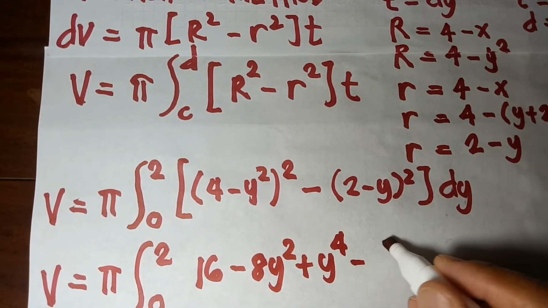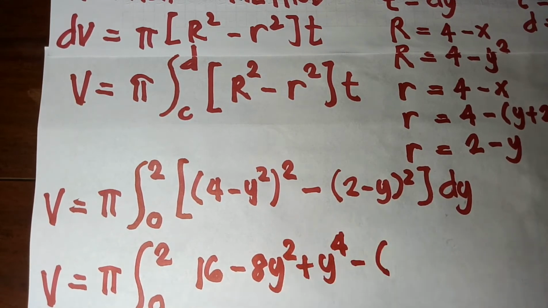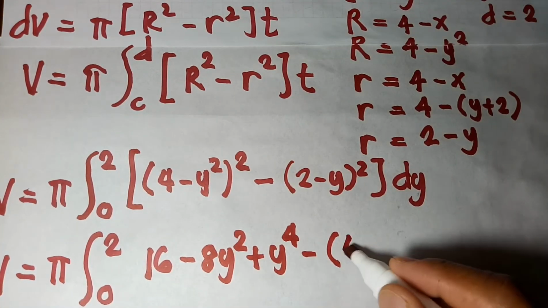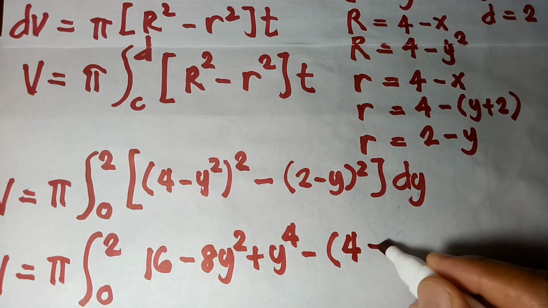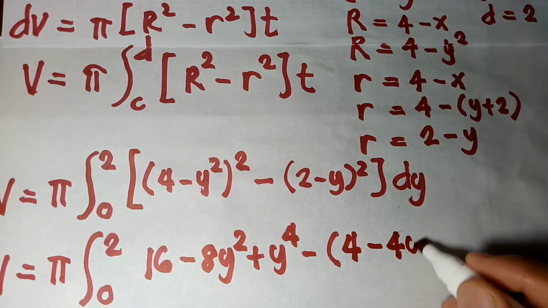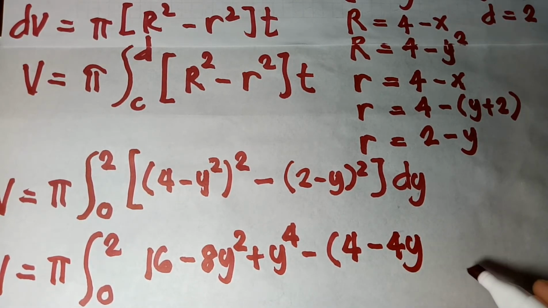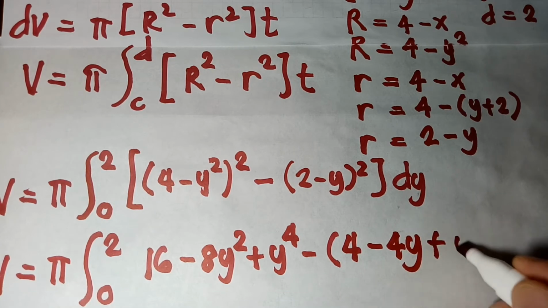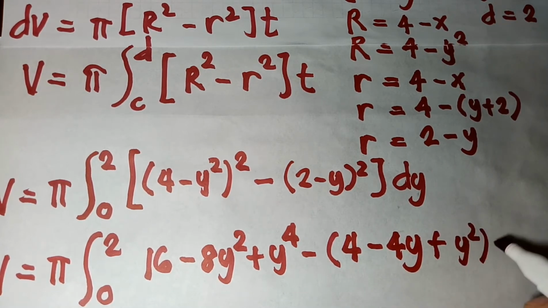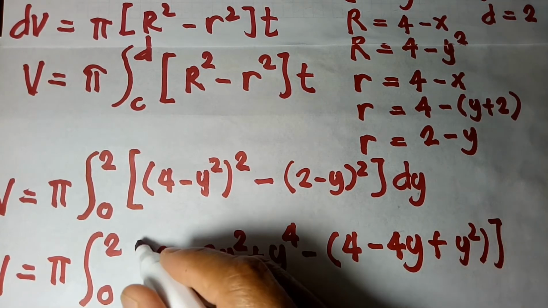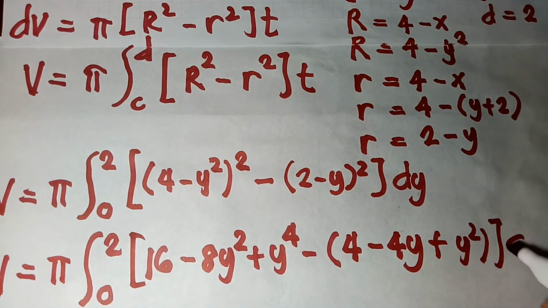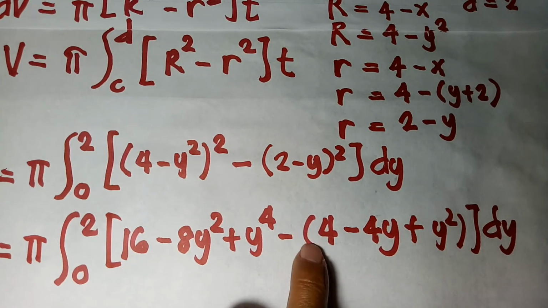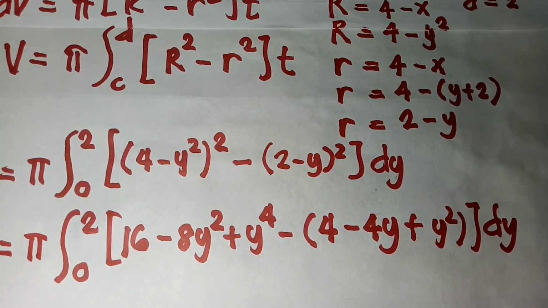And then minus, so 2 squared ay 4, and then minus 4y, and then plus y squared, and then times the thickness na dy.